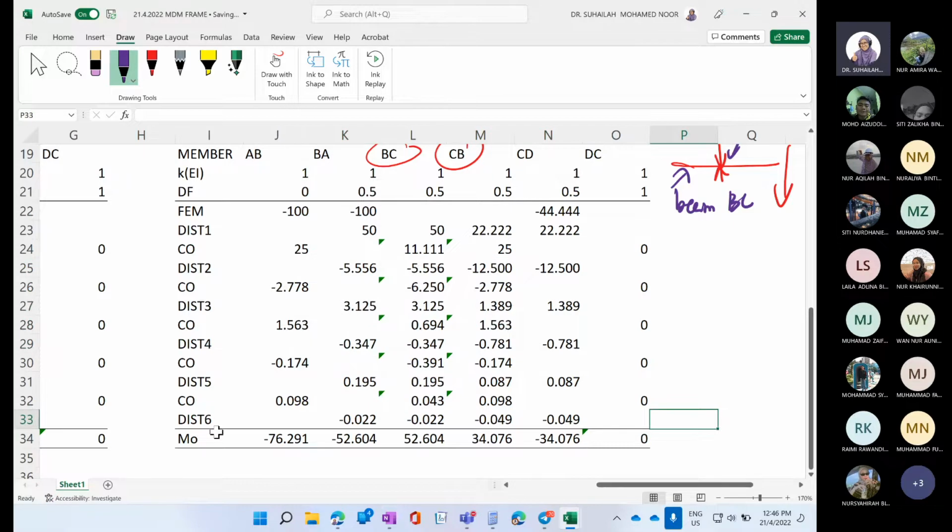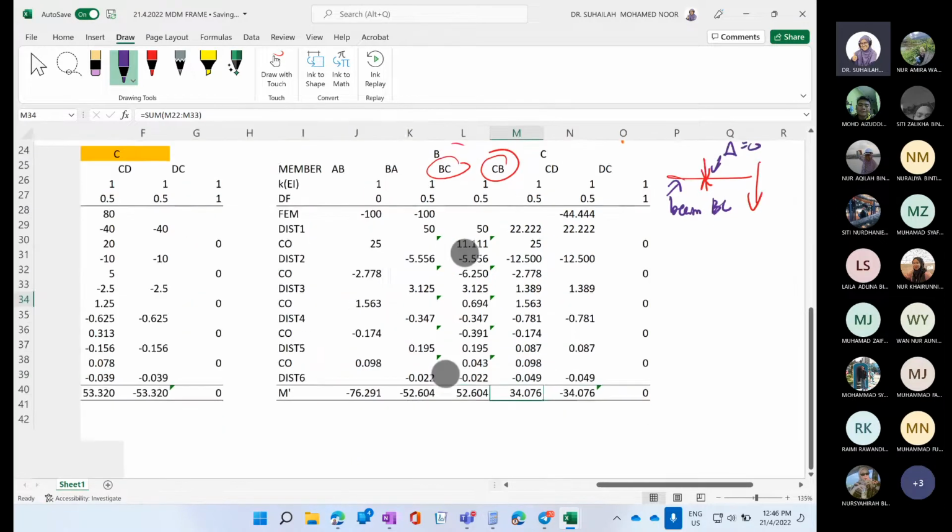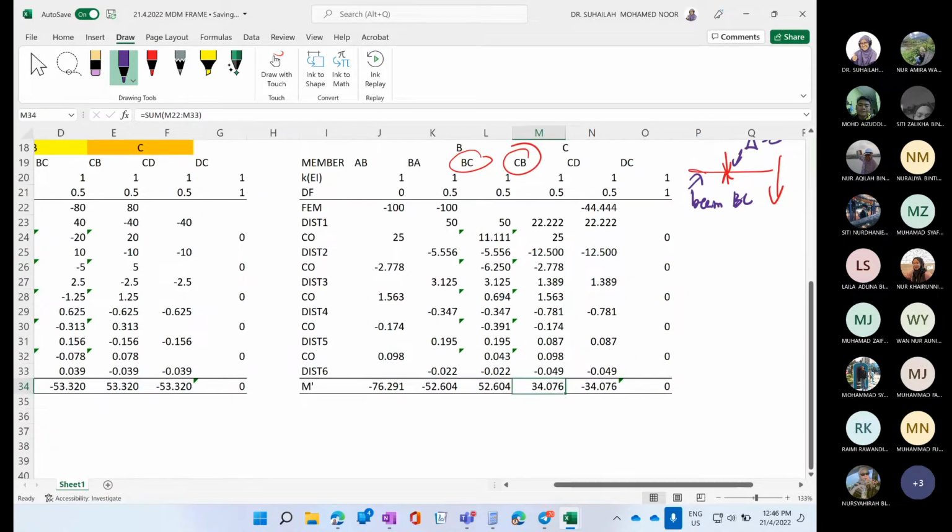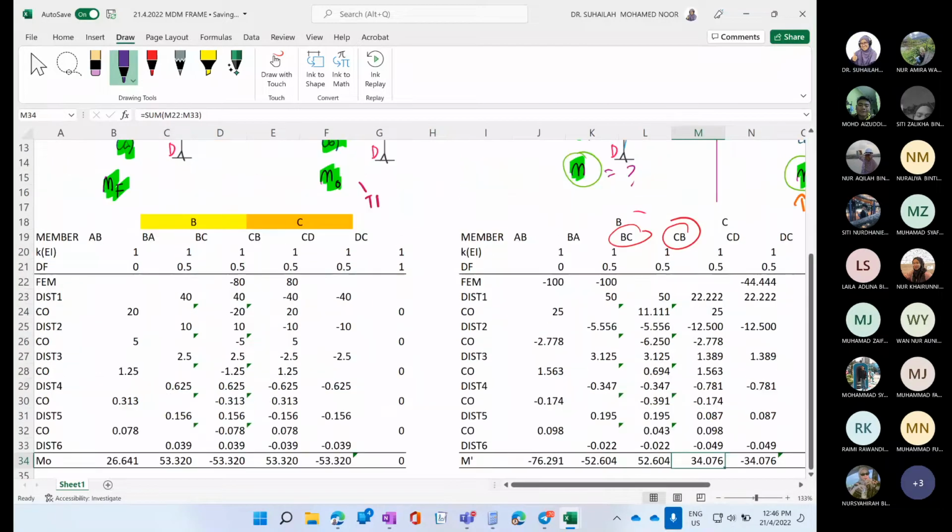This is M prime. We get negative 76, negative 52, positive 52, 34, and negative 34. So this is table number 2. I will copy this back to the OneNote.